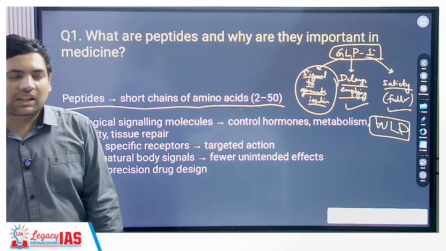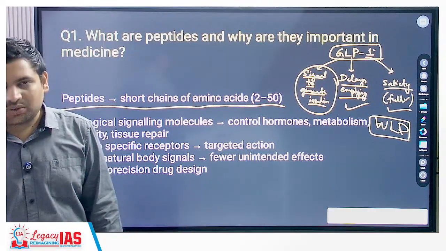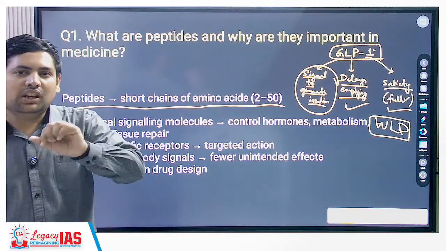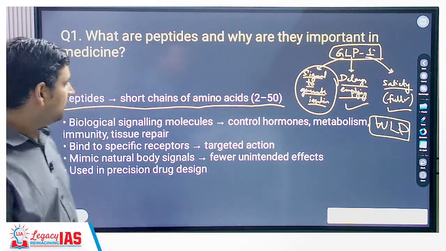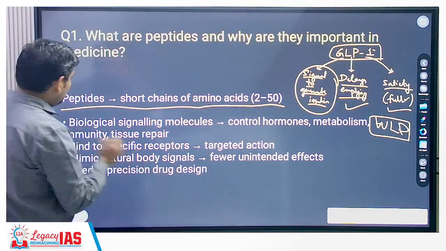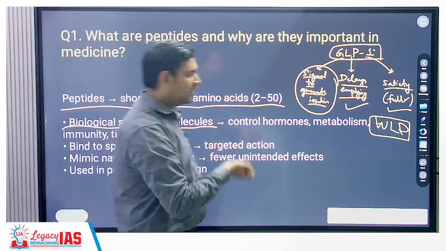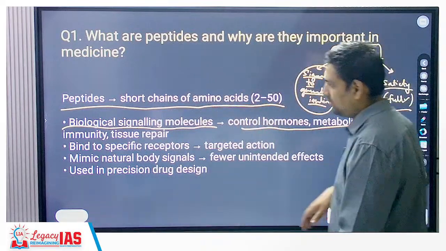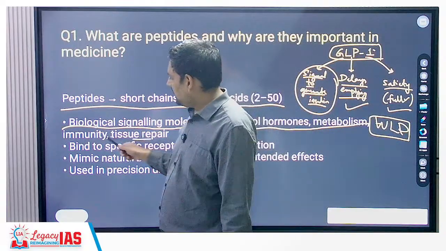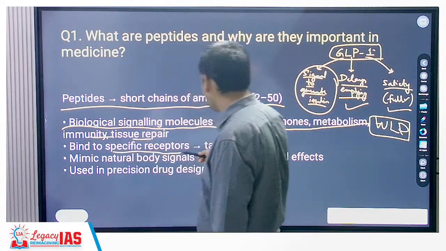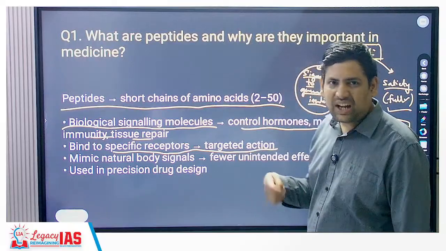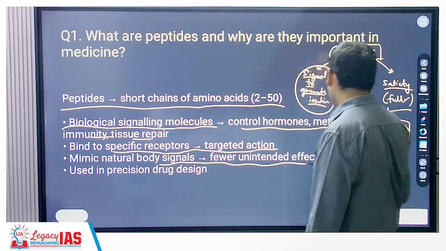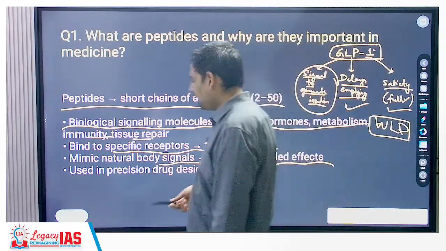Okay, instead of taking the usual drugs route that we used to take, now we will directly be changing the hormonal activity somehow using these peptides. Now, so this is important for biological signaling. These are biological signaling molecules that control hormones, metabolism, immunity, tissue repair, etc. They bind to specific receptors causing targeted action. Then they mimic natural body signals, fewer unintended effects, correct?